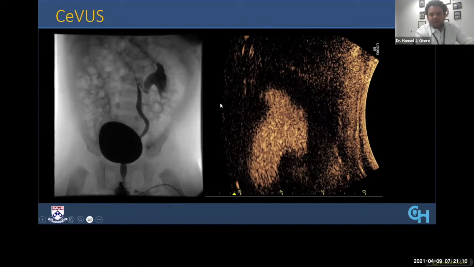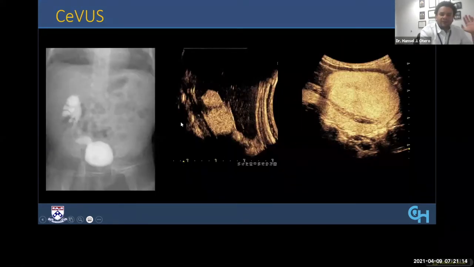I don't want you to think that this is a technique that is exclusive for the left kidney. So let's review reflux on the right kidney now. What I did here is flip over the ultrasound image just to look at the reflux into the right kidney, which looks very similar in ultrasound. And in the pictures of the bladder, again, this is a bladder full of contrast, and we do see the reflux into that dilated ureter.